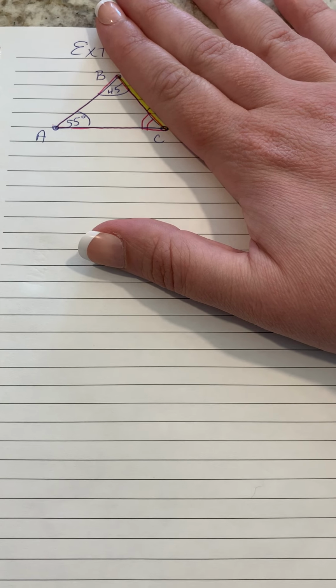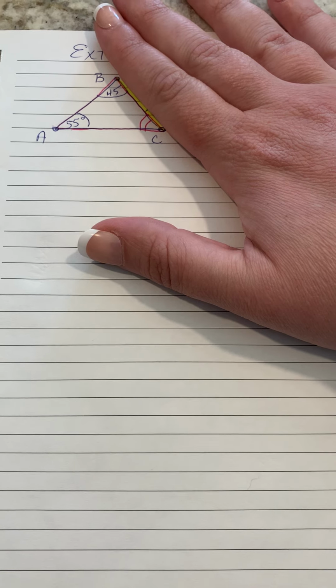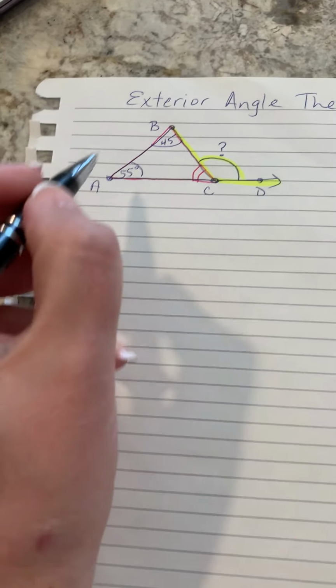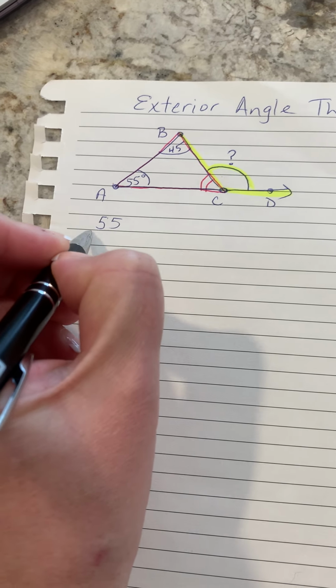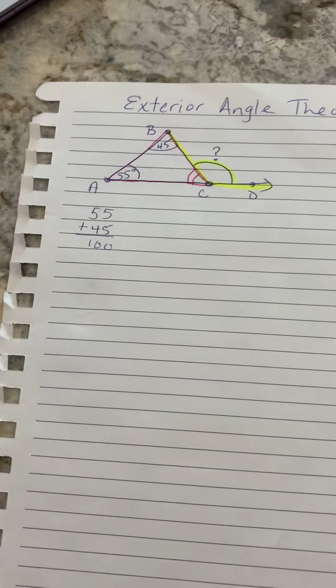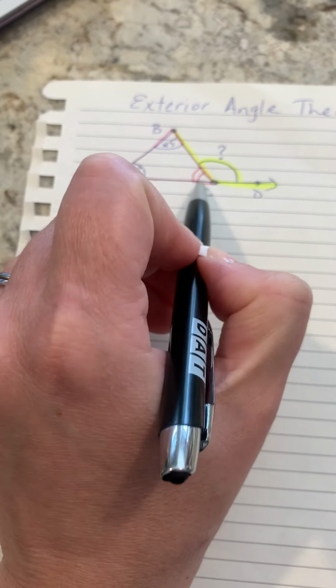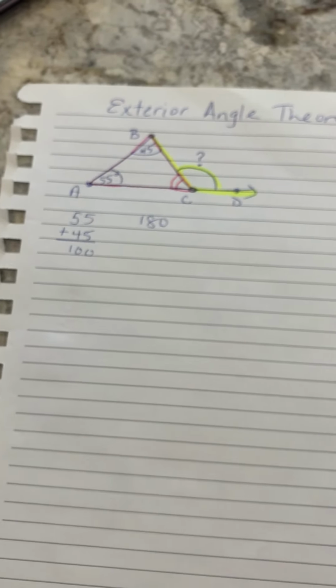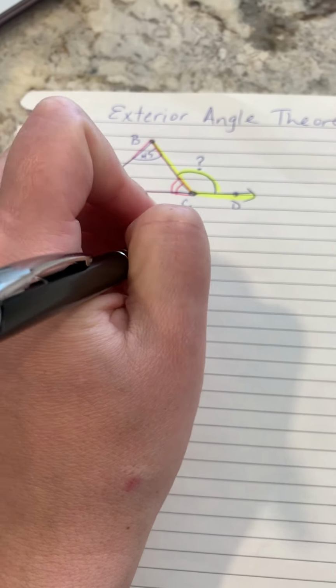I know that these three angles of this triangle inside of it have to add to 180. So using what we learned in the previous lesson, if I take my 55 and my 45 and add them up, that's 100 degrees so far between the two of these. So the third angle must be 80 because if the total is 180, if I take away the 100 that I added up, I'll be left with 80 degrees remaining.